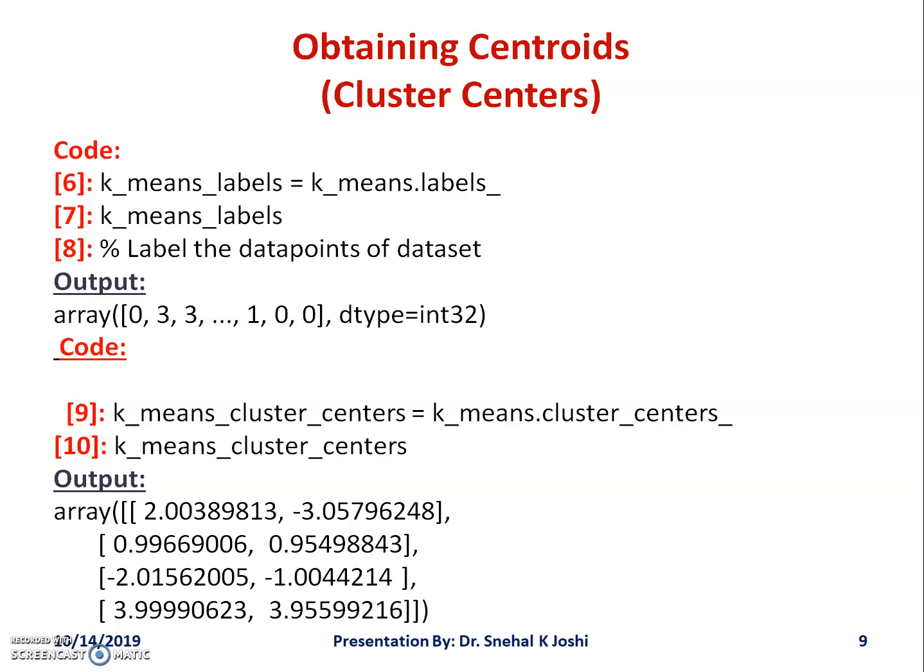We will also obtain the coordinates of the cluster centers as shown in code line number 9. We call these the centroids of all 4 clusters. This we will obtain using kmeans.cluster_centers_ and save it as k_means_cluster_centers.